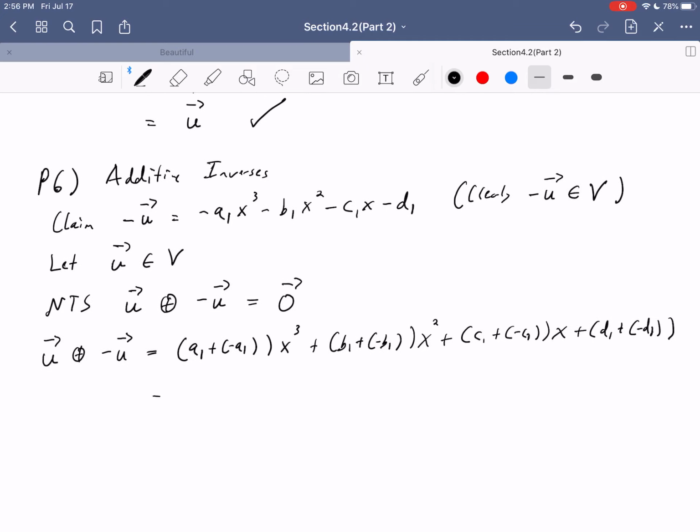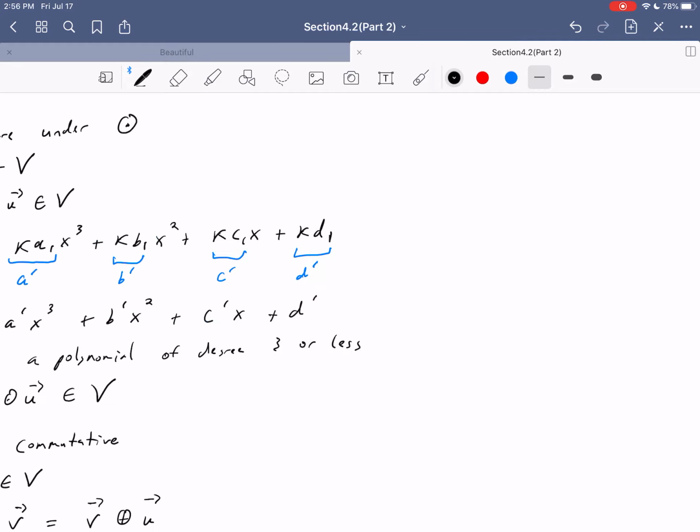And then, of course, that is going to come out as 0x cubed plus 0x squared plus 0x plus 0, which we just found out in property 5 is what we count as the 0 vector. So there are additive inverses. Perfect. So at that point, we've confirmed all the properties that relate to that vector addition operation by itself. Now we need to turn to the scalar multiplication properties.